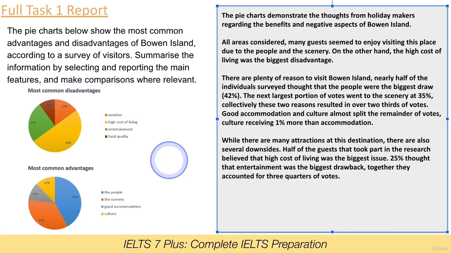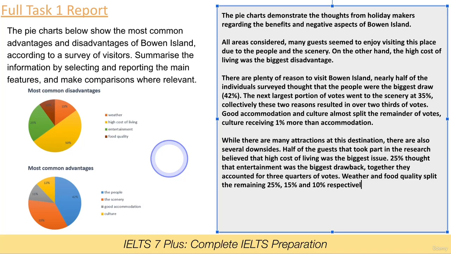Food quality at 10 and weather at 15. Here we go. So, we could just add a line like weather and food quality split the remaining 25% of the vote. And then we could talk about weather, so 15% and 10%.